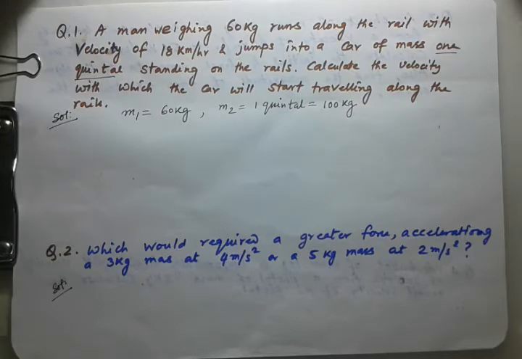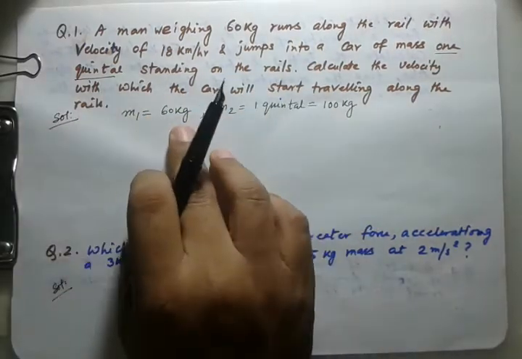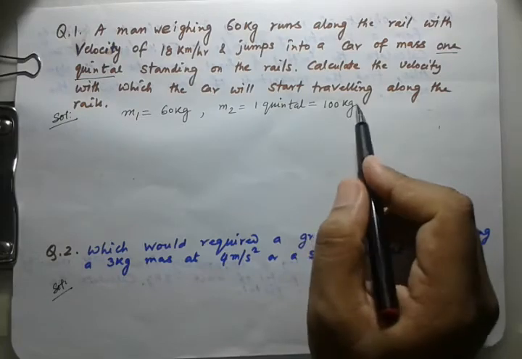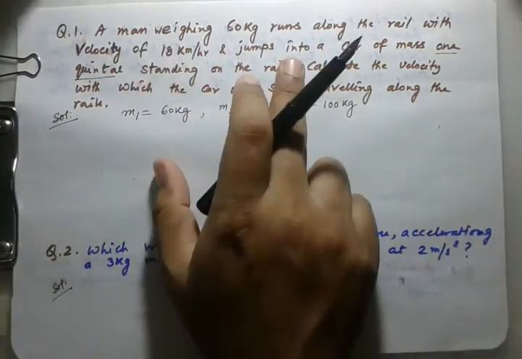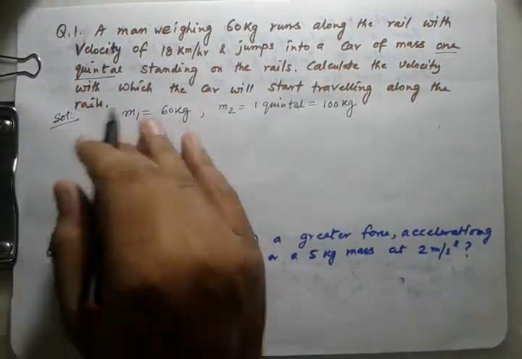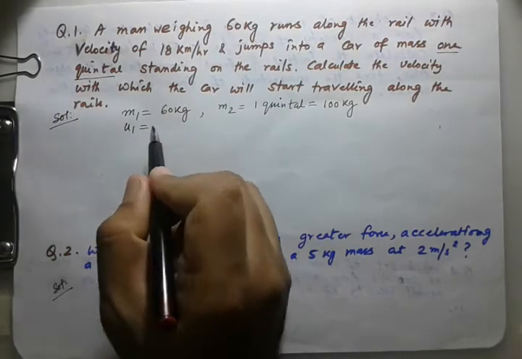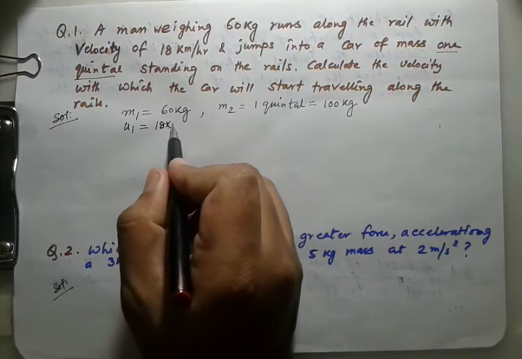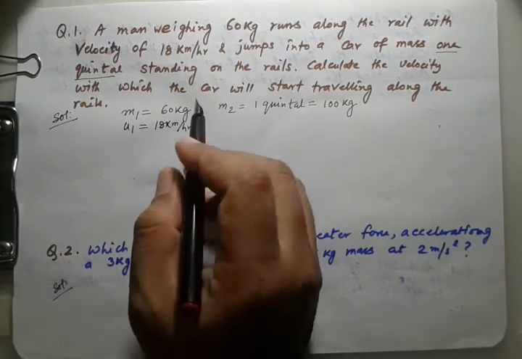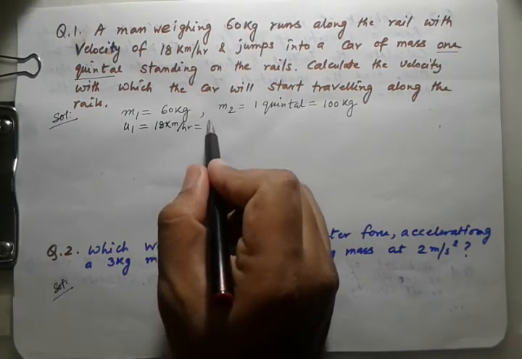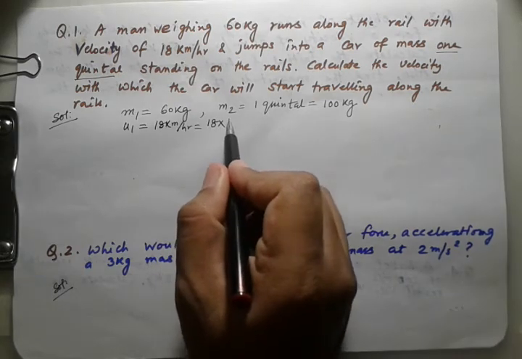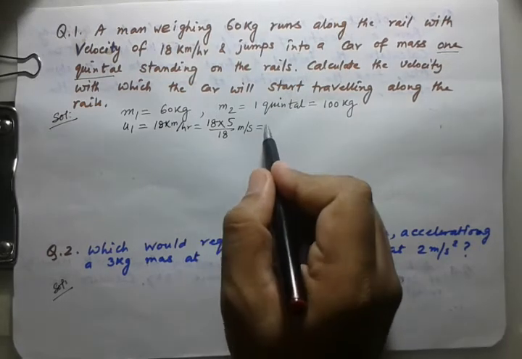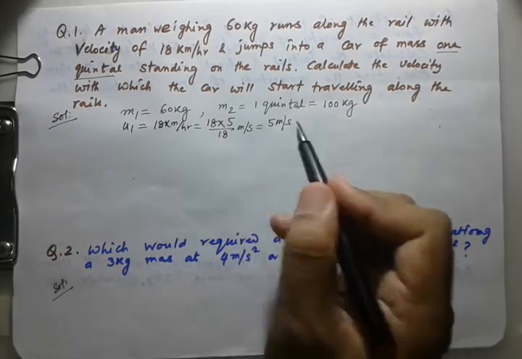So see what information is given. M1 is given 60 kg, M2 is given 1 quintal, so that means 100 kg. And the man was running, that means U1 was 18 km per hour, which is nothing but 18 into 5 by 18 meter per second, that means 5 meter per second.